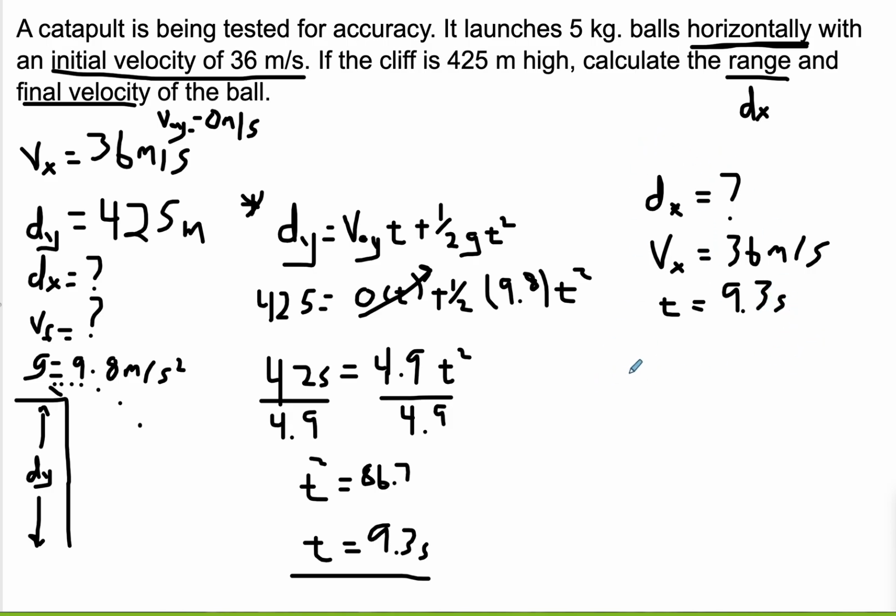In the x direction, remember, we have one single equation that we can use, and that is Vx equals dx over t. The reason we only have that one is because in the x direction, velocity is always constant. It never changes. So I take the 36 and set that equal to dx, which is the range, divided by the time, 9.3 seconds.